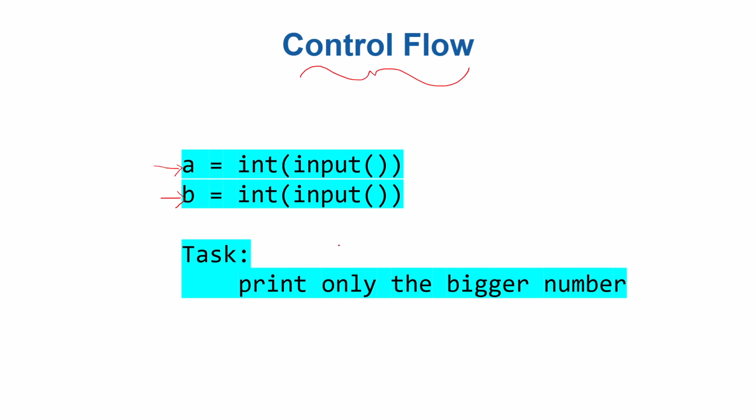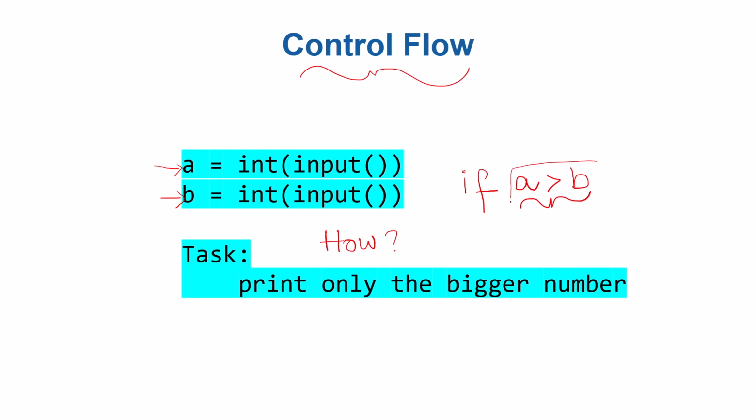How can you do that? So the question is how? Does Python allow us to do that? For example, if A is bigger, then we should print A. If B is bigger, then we should print B. Remember, again and again, we are talking in terms of if A is bigger. So if A is larger than B, then this condition will be true.